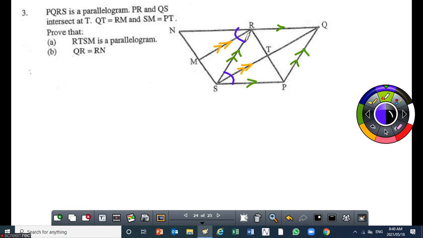Okay? So I think the triangles that I'm going to use are going to be NRS, and I'll also use PRS. I'm going to prove that those two are congruent. That's the route that I've decided to take now. So this angle is going to be equal to that angle. They have a common side, which is RS. I hope you can see that.